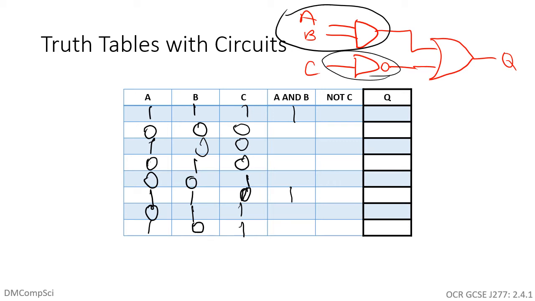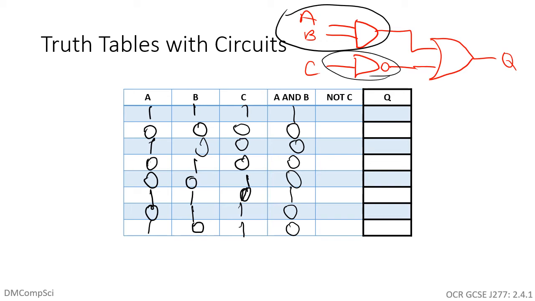The rest of our rows don't have both A and B values as 1, so therefore the rest of them will be filled in with zeros. Again, if you don't get that concept, go back to the last video and you should remember things and then look back at this video and think, oh yeah, I see what he's done there, because again, it's a simple concept, but it's just one that needs to be drilled into your head.